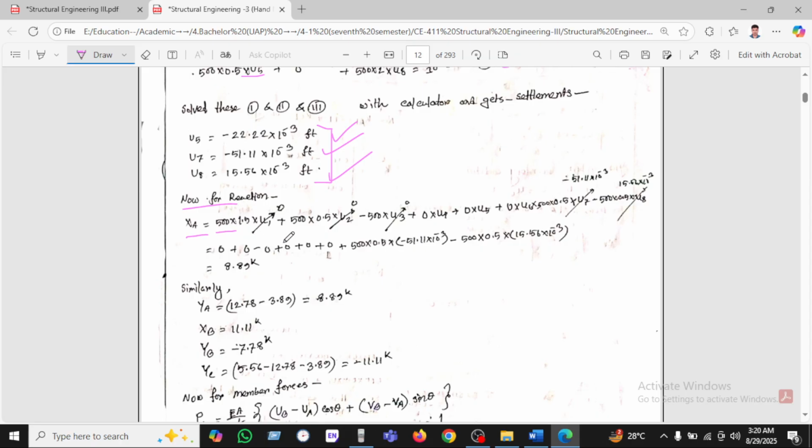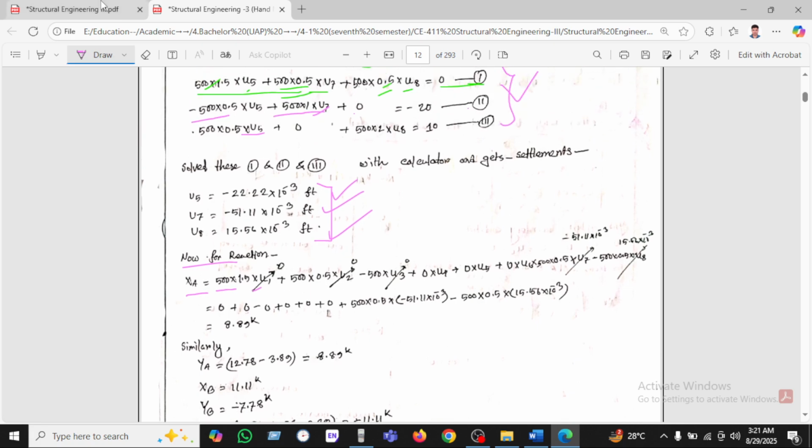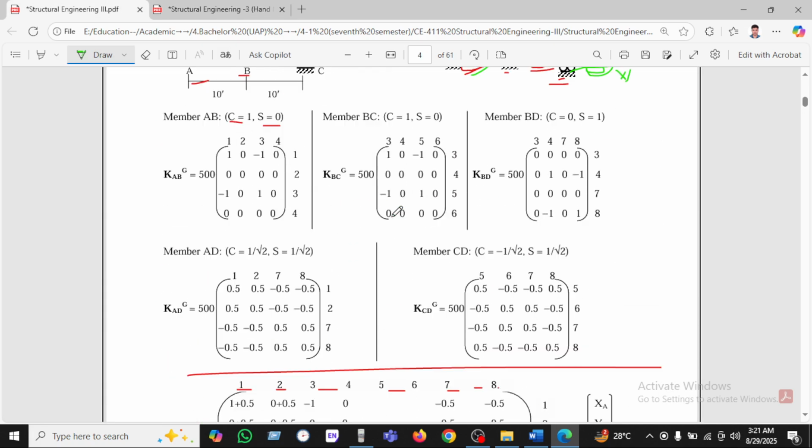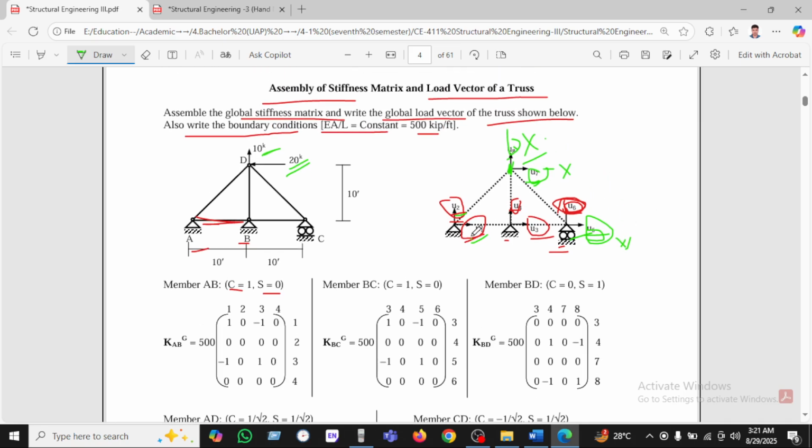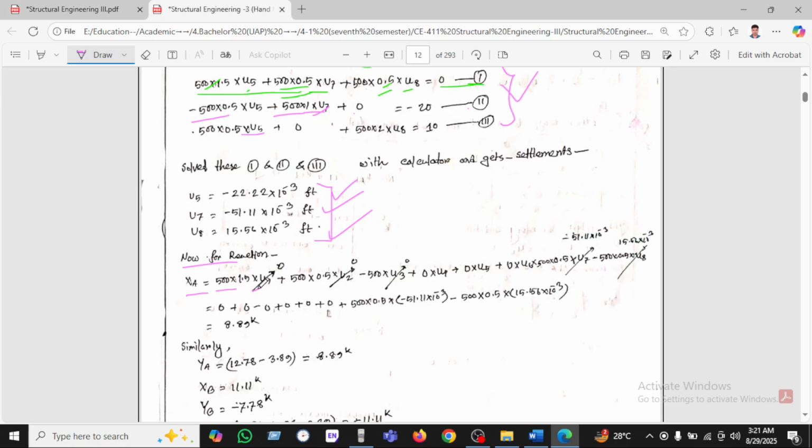Okay, now if we calculate the reaction, what will the reaction be? XA is 500 into 5, 1.5, and u1. As we know, u1 is 0 because of the boundary condition: u1, u2, u3, u4 and u6 will be 0 because there will be no deflection. That's why we take these as 0: u1, u2, u3, u7, u8 are 0. So we are taking this portion only.